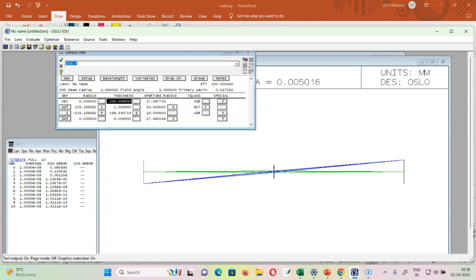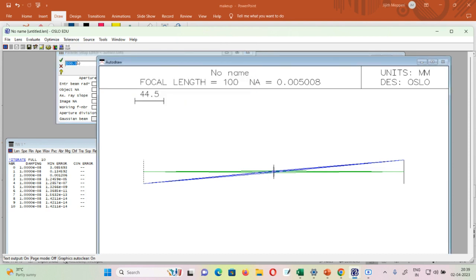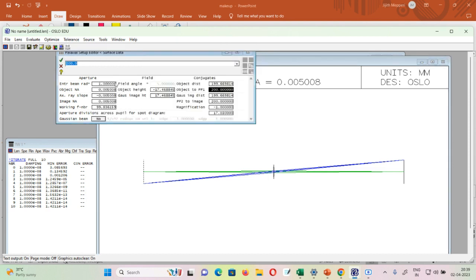So I put 200 as my object distance. Here you can see that object to PP1 is 200.330186. So actually I am going to put object to PP1 as 200, such that it will be exactly on the principal plane. Now you can see that PP2 to image is also 200. So this is actually a thin lens approximation of that particular thick lens.